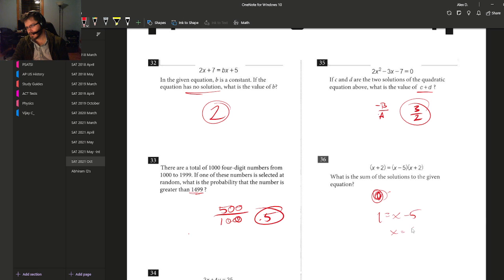So x equals 6 for that solution, and the other one is -2, so 4, I'm guessing. Yeah, pretty sure. So let's plug them in. So 6 is 8. 1, 8, yeah, that works. -2 is 0 and 0, so that works, yeah. So 4. Alright.